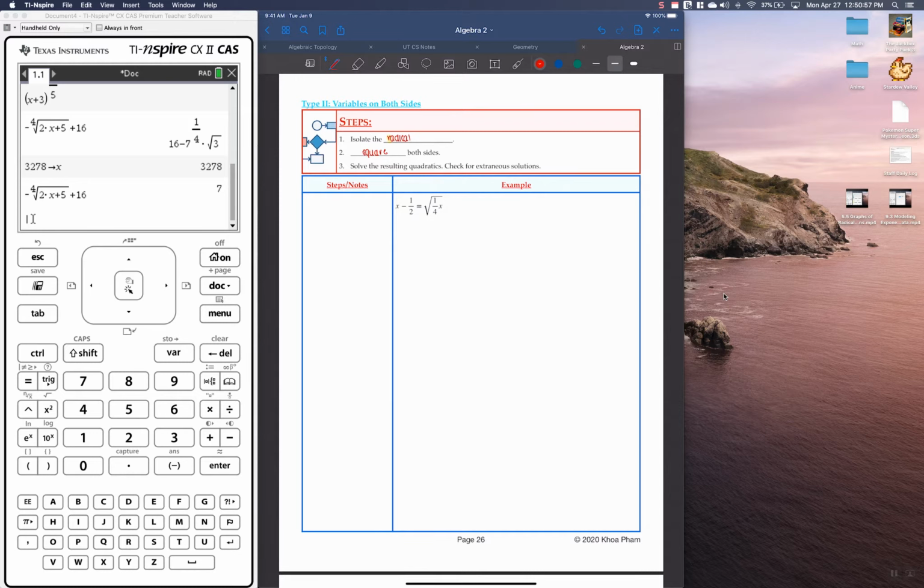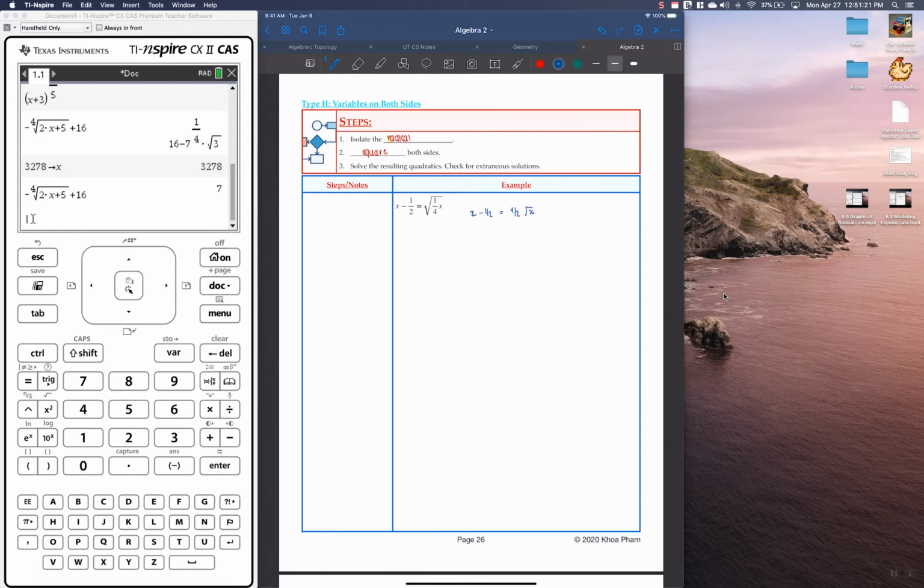So the first thing that I notice here is that this problem is dumb because it has a lot of fractions. And so one of the things I can do optionally is that I can simplify the square root here. So I can reduce this problem down to x minus 1/2 equals 1/2 times the square root of x.